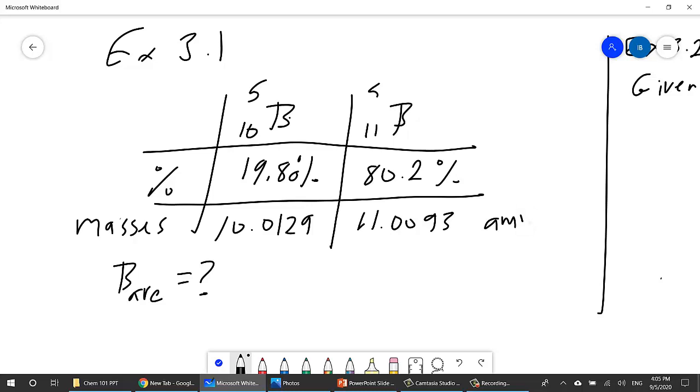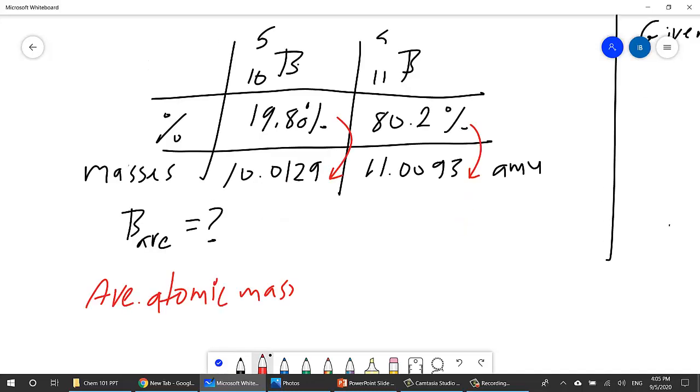If you want to calculate the average atomic mass of the element, you just do simple calculations. You multiply this number by this, multiply this number by this, and you add them. The atomic mass of boron will equal 10.0129 AMU, the first number, multiplied by its percentage. You can do that either by dividing by 100 or converting it into a decimal.